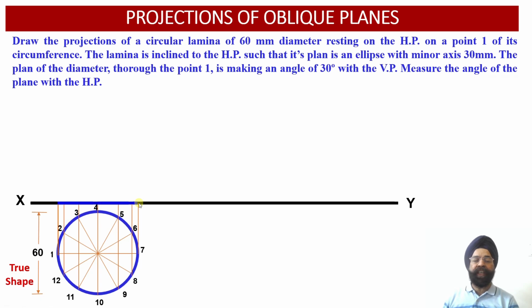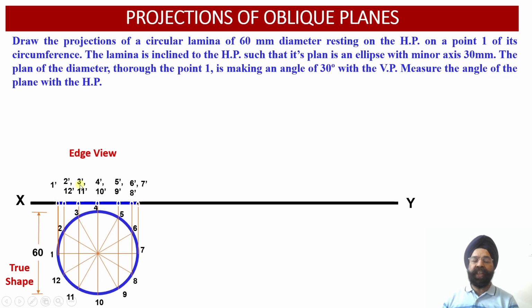They will be projected onto the XY reference line, and the edge view of this lamina will be obtained onto the horizontal plane. Having obtained the front view, edge view projection over here, now we know that this lamina is resting onto the ground on point 1, right?